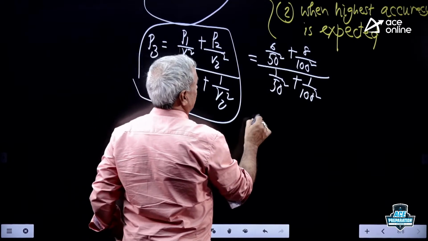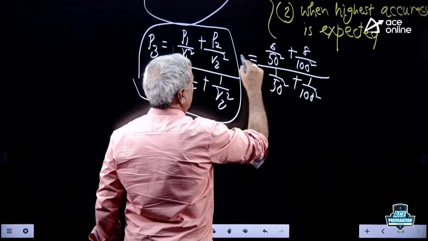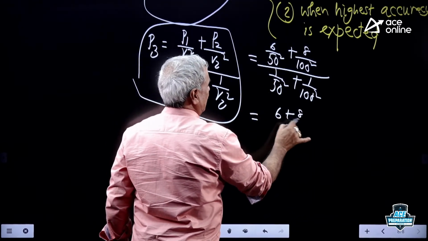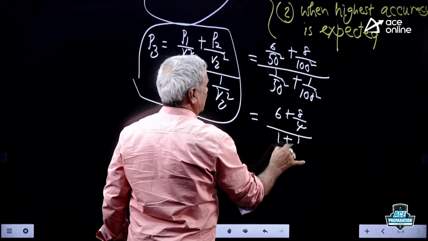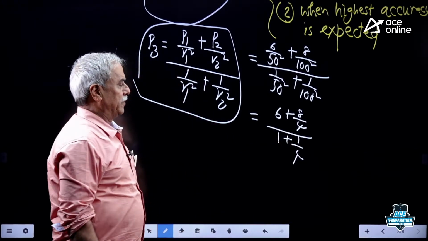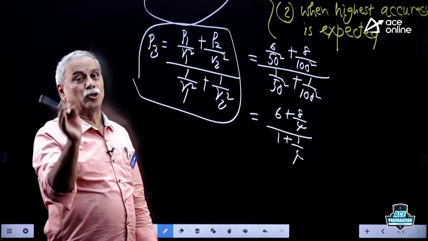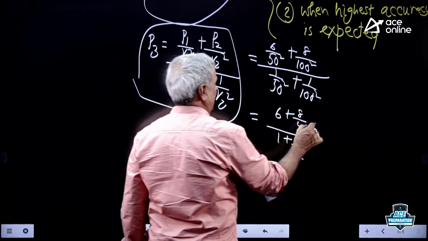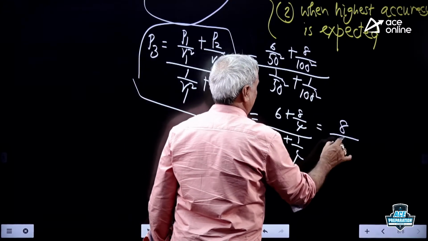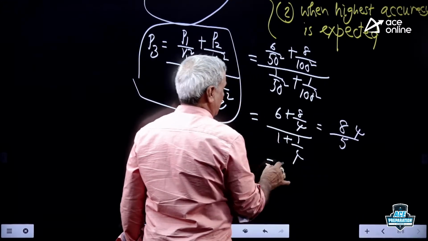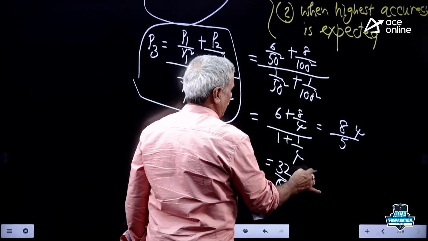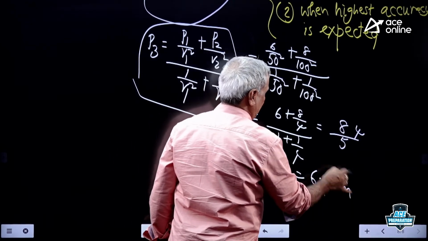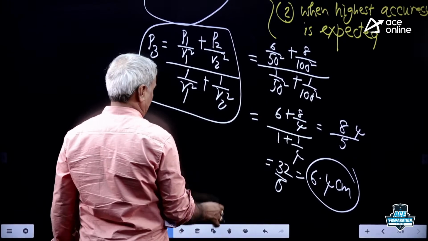We can get it. This is 1 by 50 square common, 6 plus 8 by 4, 1 plus 1 by 4. If you take 1 by 50 square common in both numerator and denominator, within a fraction of seconds you can get the problem solved. 6 plus 2, 8 divided by 5 by 4, 32 by 5, you will get 6.4 centimeter. That will be the missing rainfall data.